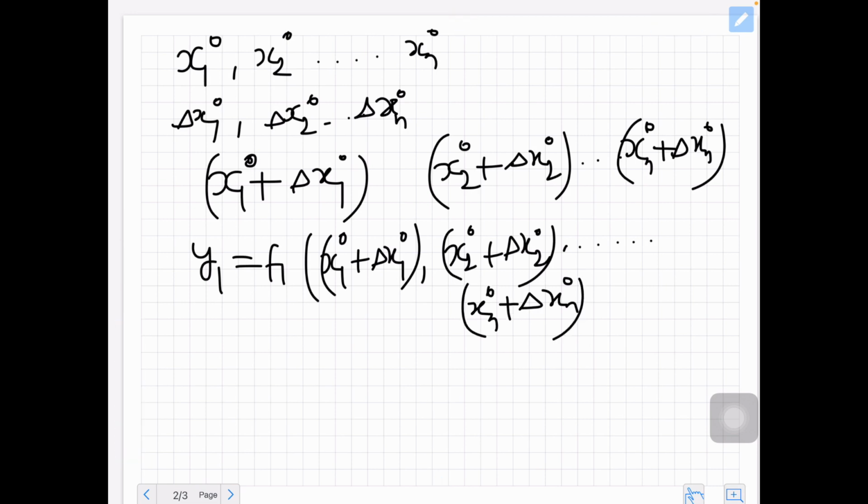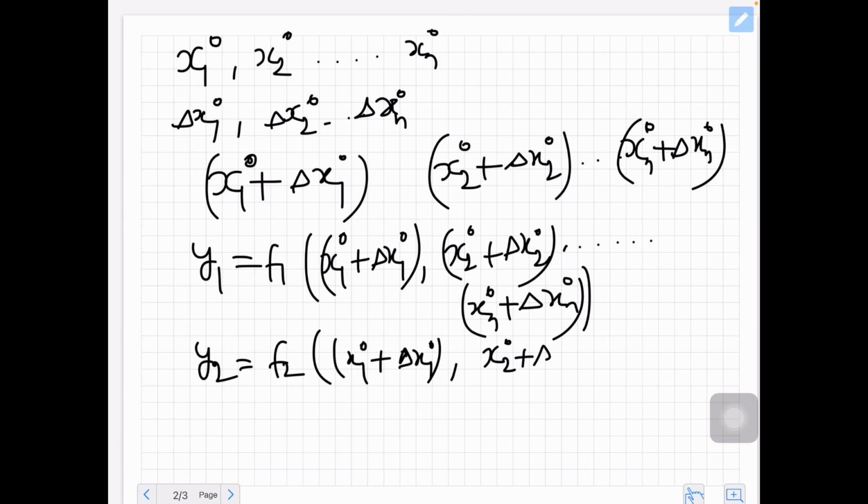Similarly, we can write the y2 expression, that is f2 of x1 naught plus delta x1 naught, x2 naught plus delta x2 naught, and so on.